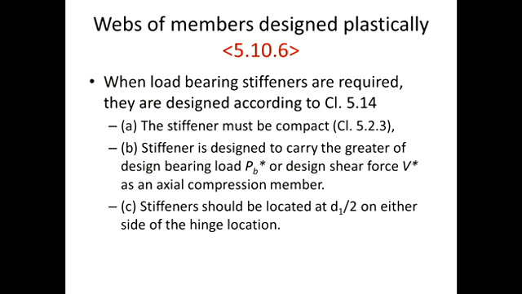V star as an axial compression member. So when we look at compression, we should also be able to determine what the stiffener is going to look like, or the dimensions of the stiffener. And the stiffeners have to be at certain locations, on either side of the location of the plastic hinge.